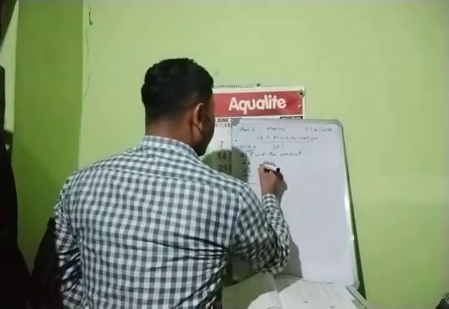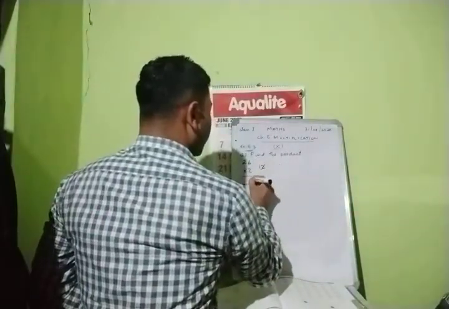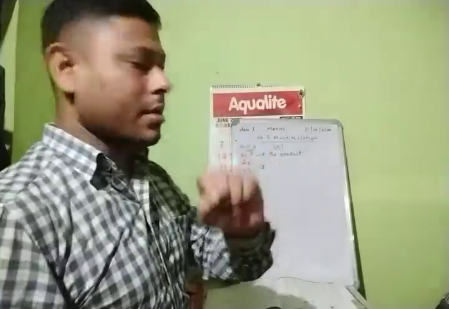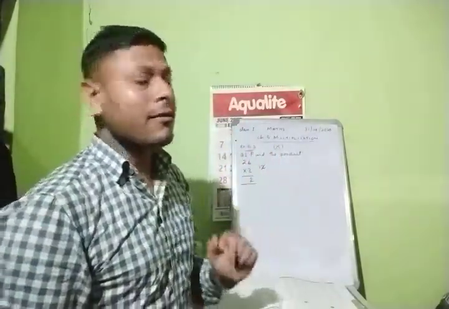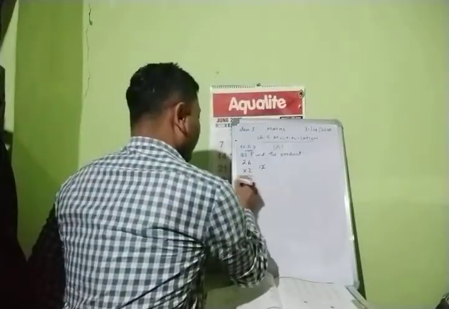So you write here 1 2 12. Then 2 you cut and write it here. What is left? 1. Then again 2 into 2. 2 1s are 2. 2 2s are 4 plus 1, 5.